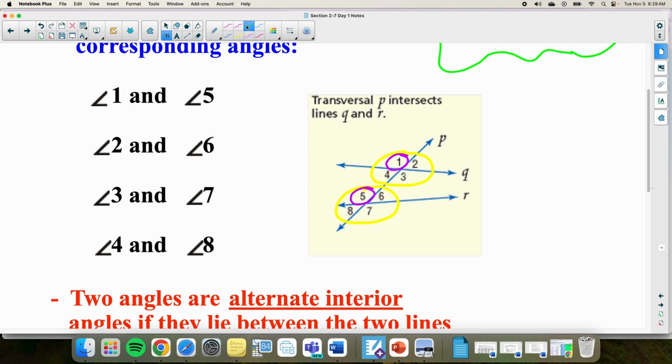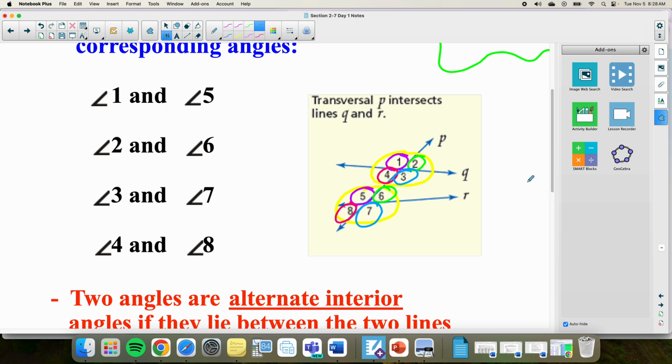Then once you find 1, it's easy to find the others, but 2 and 6 would also be in the same position. And then you could say 4 and 8 are, and then you could say that 3 and 7 are. Is that easy for you guys to see, the corresponding ones? Okay.